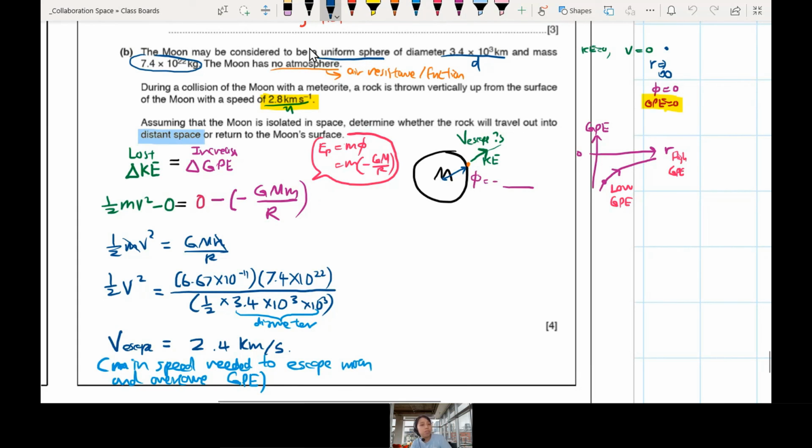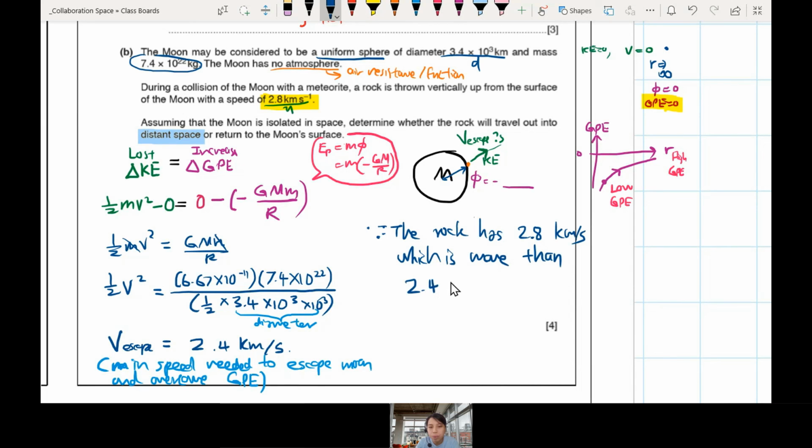So you need to write a concluding sentence though, to compare. Here's one example you can say. So you say, because the rock has 2.8 kilometers per second, we did a quick check, which is more than the minimum escape velocity, more than 2.4 kilometers per second.